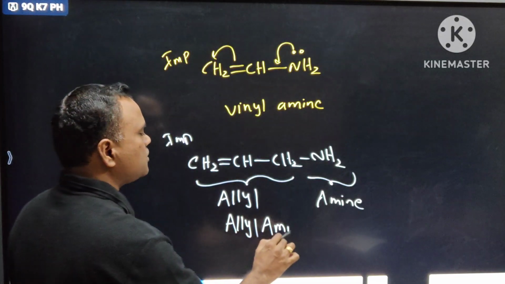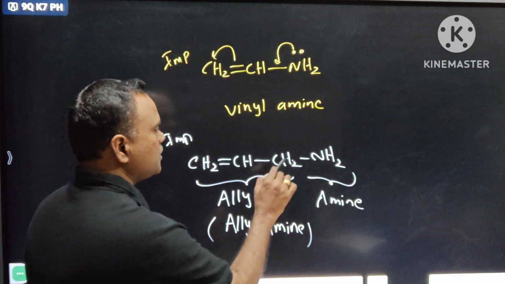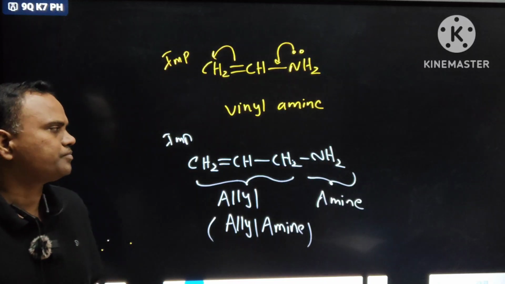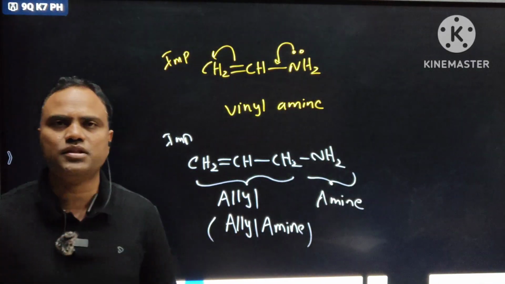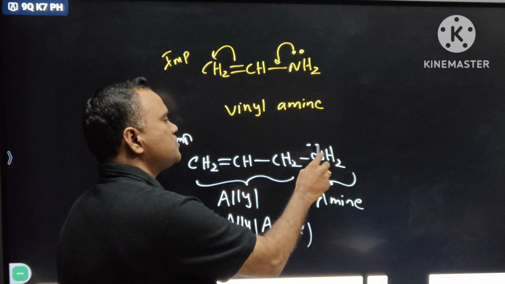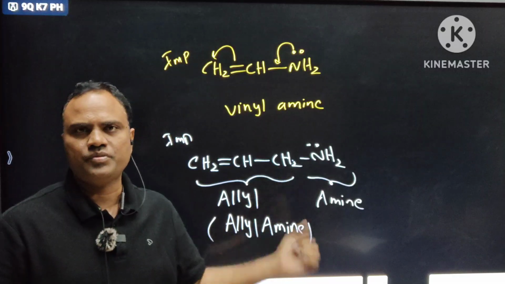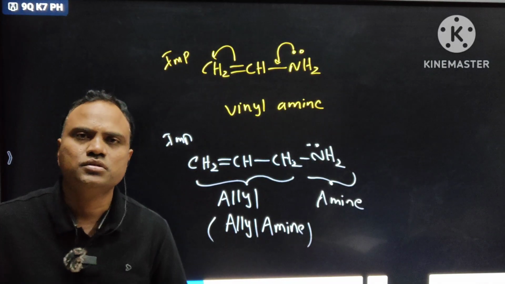In allyl amine, resonance is absent, while in vinyl amine resonance is present. That point is very, very important. In allyl amine there is no resonance because the nitrogen lone pair is not adjacent to the double bond. In the middle, CH2 is present.